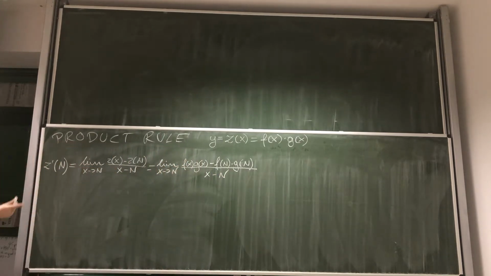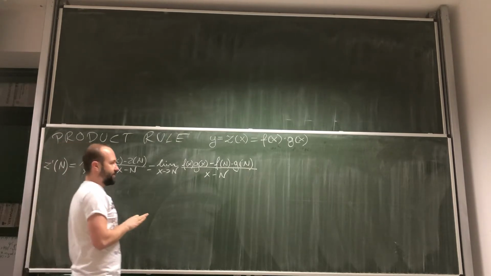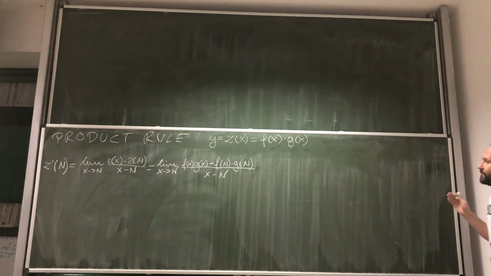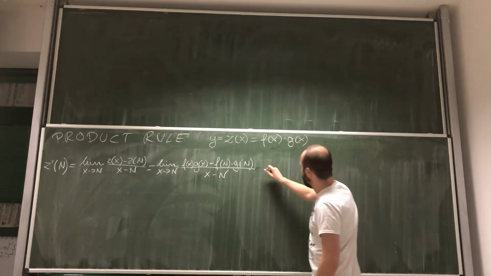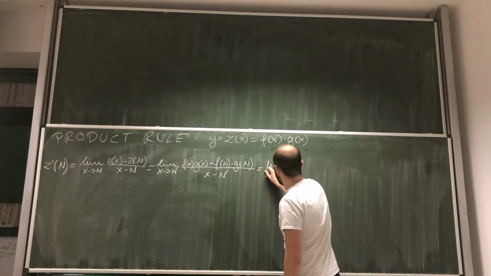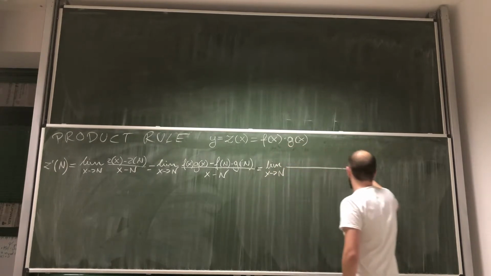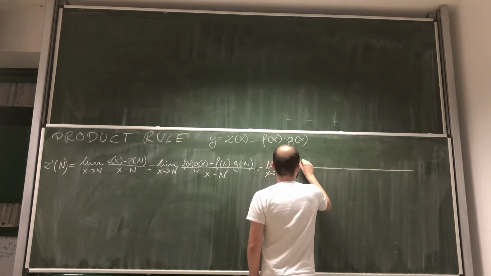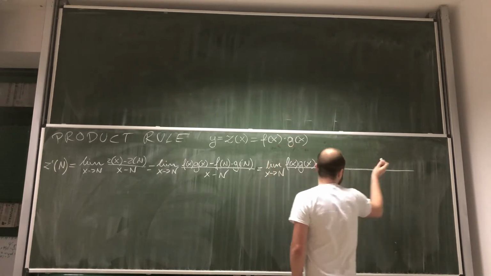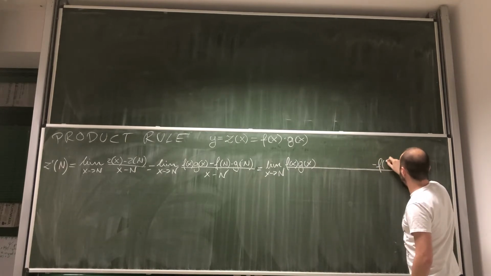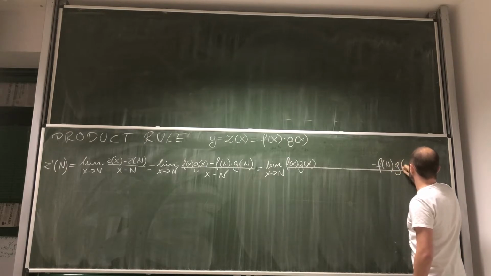Okay, it does not look like something we can do anything with at the moment, but what I can always do is add 0. What do I mean by that? A limit with x approaching n of, over here we will have f of x times g of x, and somewhere at the end we're going to subtract f of n times g of n.